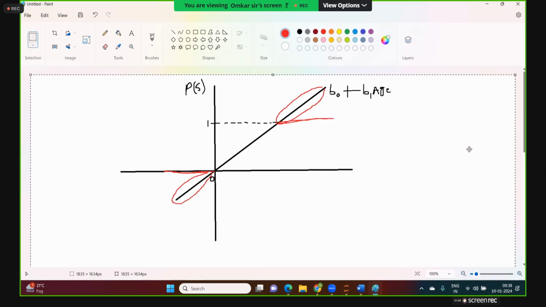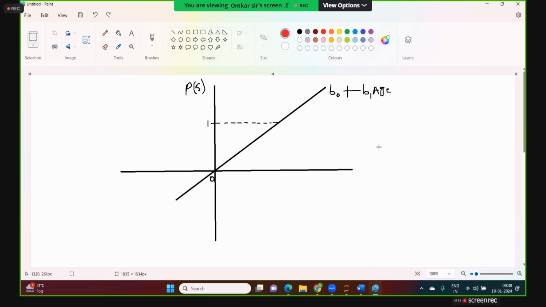Which means this line is going like this, and it will convert like this.